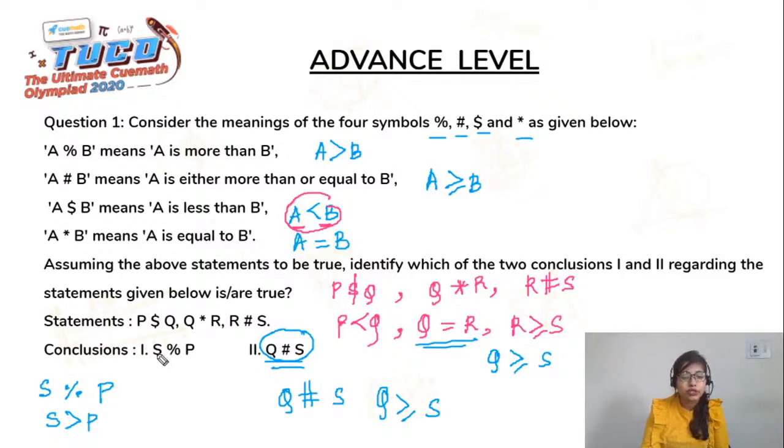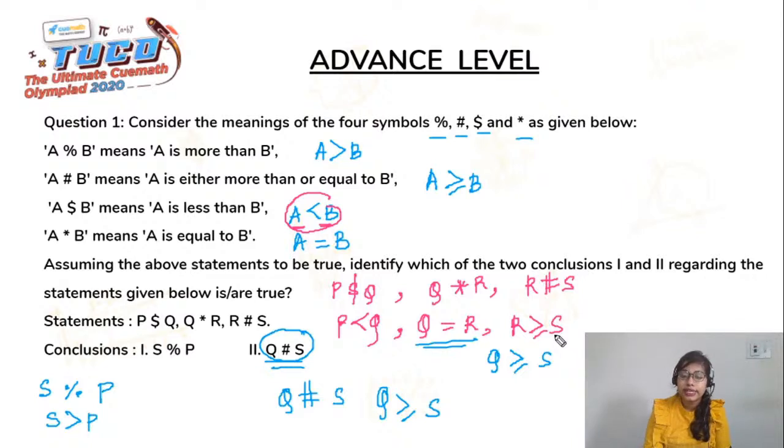But according to the first conclusion, S percentage P, we do not know anything about it. Why don't we know anything about it? S is greater than P. Okay, fine. So basically what's happening is P is smaller than Q, correct?